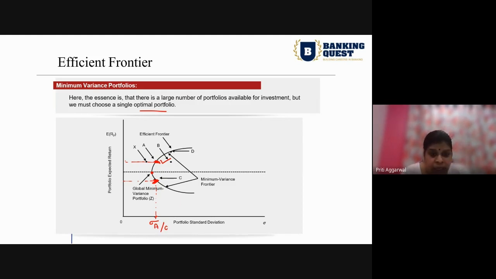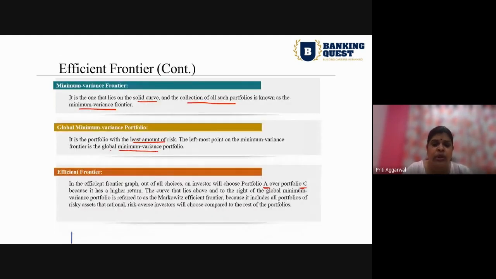But in A, I am getting a higher return than on C. So my choice will always be A rather than C. That is your efficient frontier. The curve that lies above and to the right of the global minimum variance portfolio is referred to as the Markowitz efficient frontier.